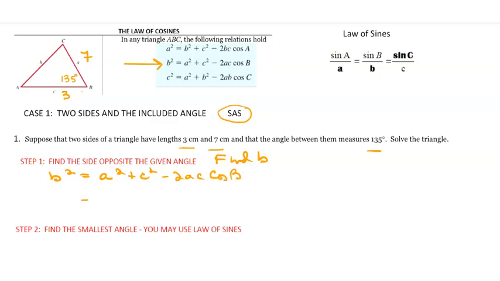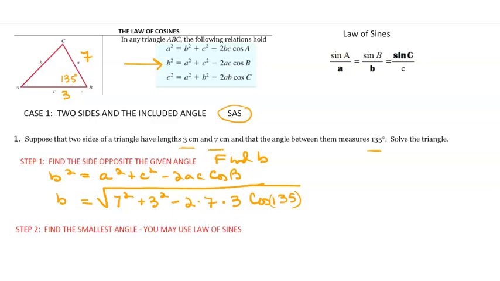Okay, because I want b, I know that I'm going to have to take the square root of this whole expression. So my a squared is 7 squared plus my c squared is 3 squared minus 2 times 7 times 3 times the cosine of 135. Remember, you always have an open paren when you type in cosine, and your job is to close it at the end of your angle.